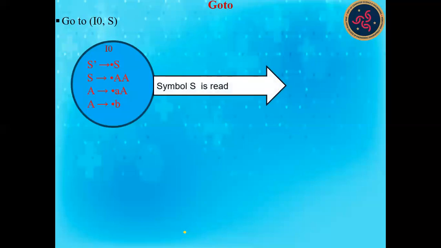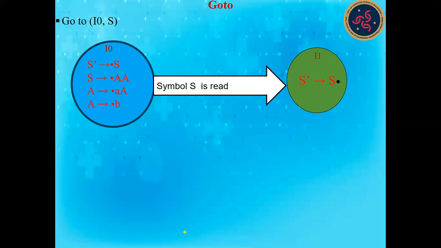At my current state I0, I got a symbol. My parser is scanning the symbol S, capital S. So here I'm saying that my symbol S is read. The state transition occurs, right? So it will move to a different state, that is it will go to a state I1.